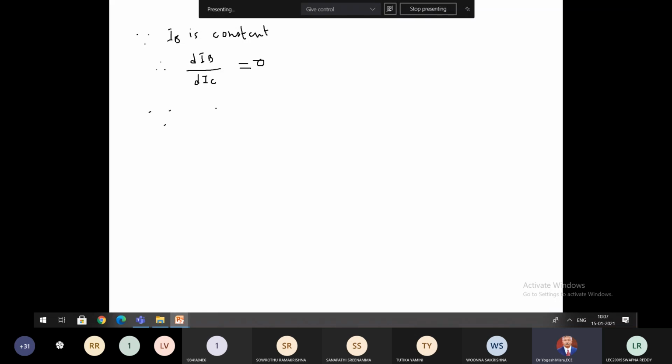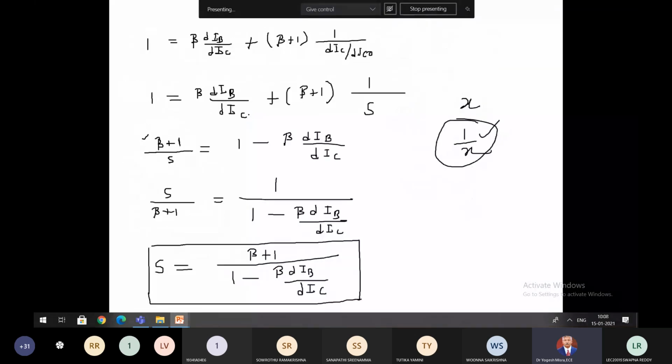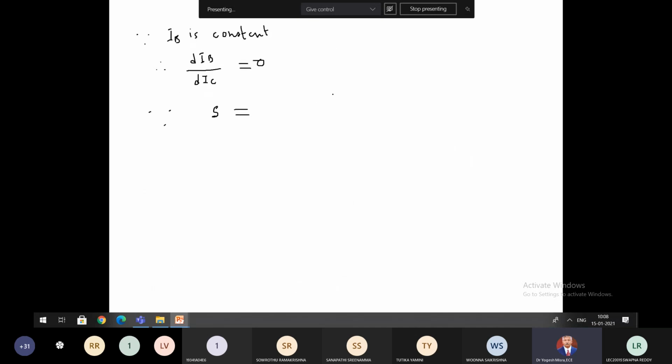Now since the expression of stability factor, you can see here, this expression S is (beta plus 1) divided by (1 minus beta dIB by dIC).